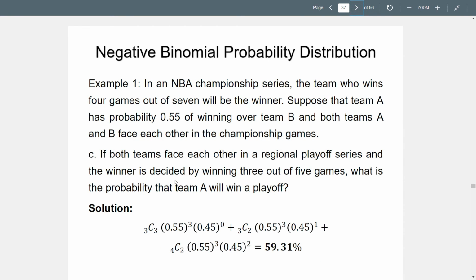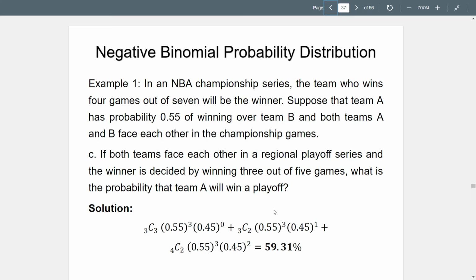Then for this problem, if both teams face each other in a regional playoff series, the winner is decided by winning 3 out of 5 games. So 3 out of 5. Winning 3 out of 5 games, what is the probability team A will win?